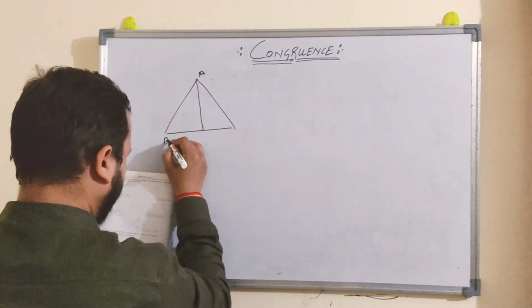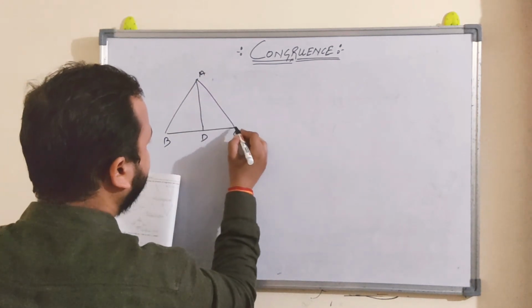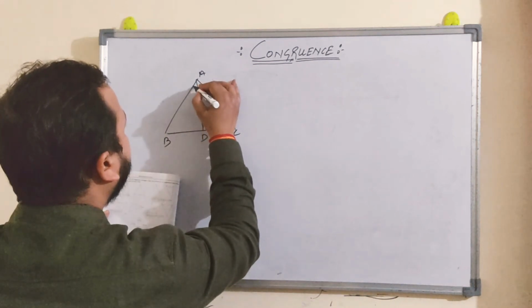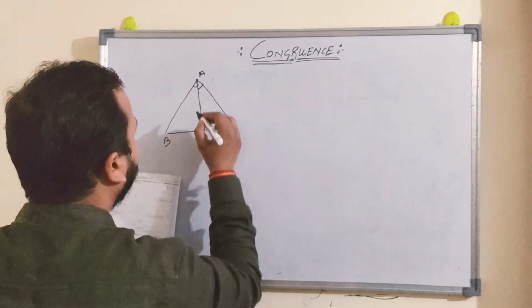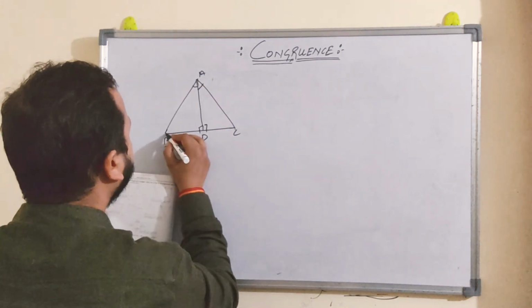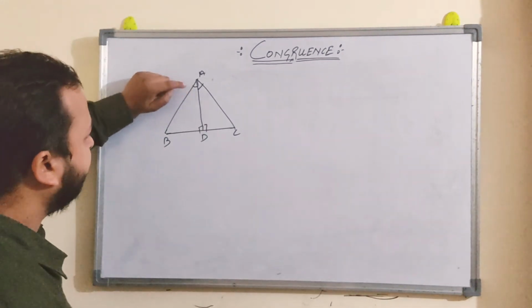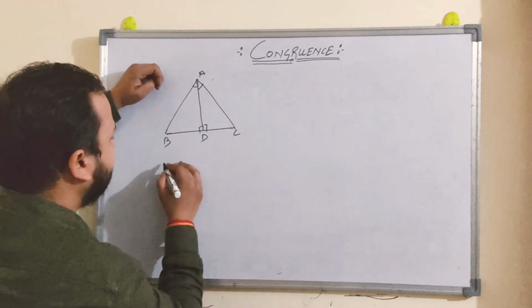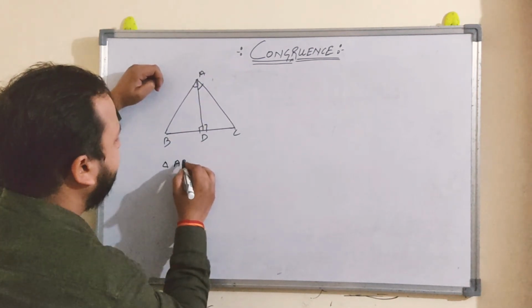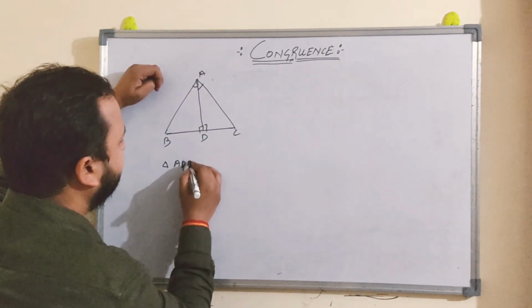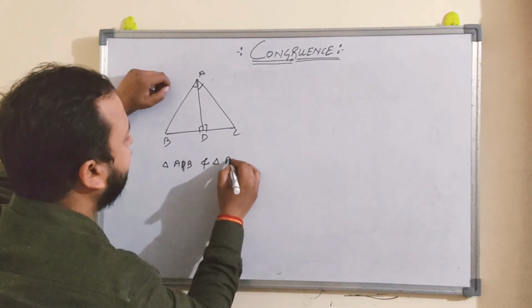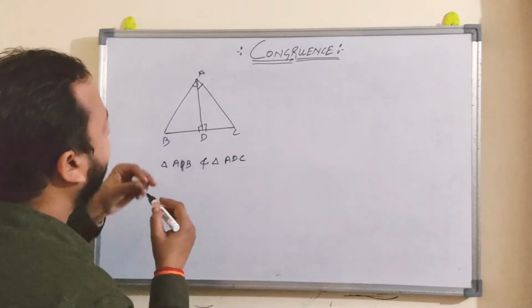This is A, B, D, C. Right? It is given that they are equal. This is 90. So what you have to do is, take triangle ADB and triangle ADC.